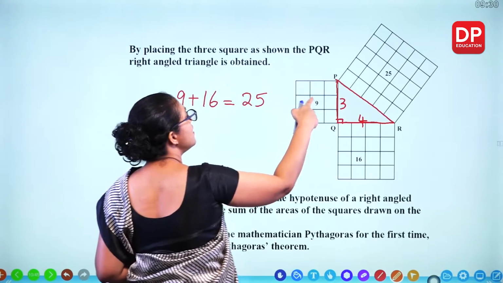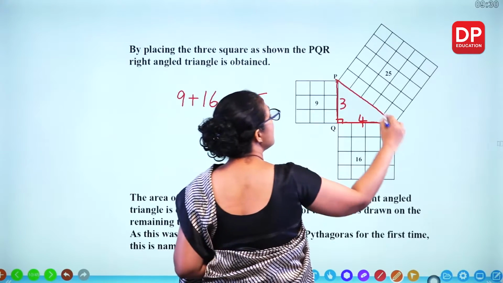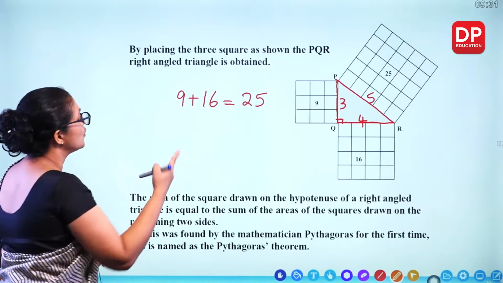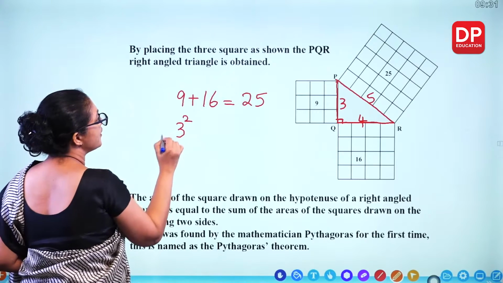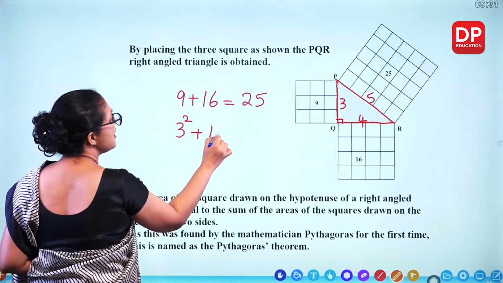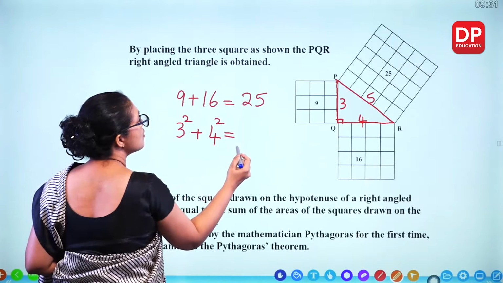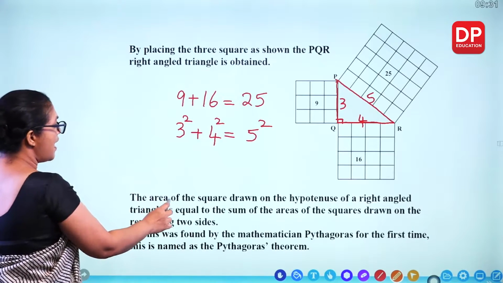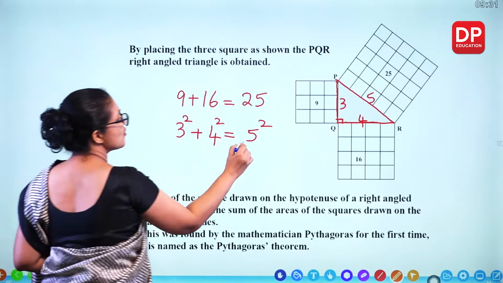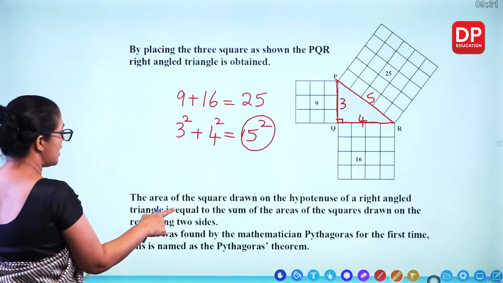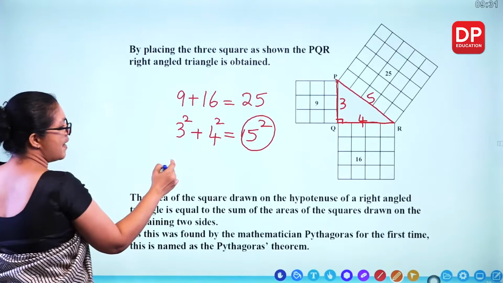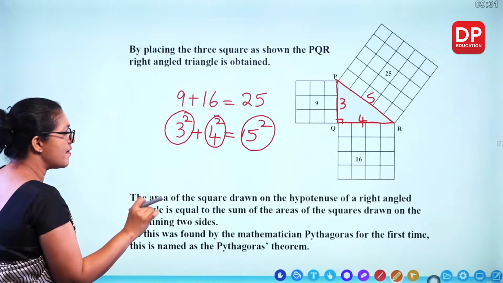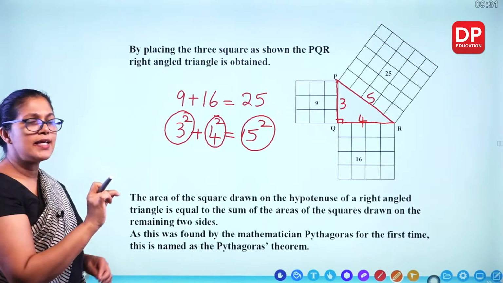What's the area here? 3 times 3, 9. Here 5 squares are there, so it becomes 5 times 5. So here 9 means 3 squared, 16 means 4 squared, and 25 means 5 squared. So it says the area of the square drawn on the hypotenuse is equal to the sum of the areas of the squares drawn on the remaining two sides.